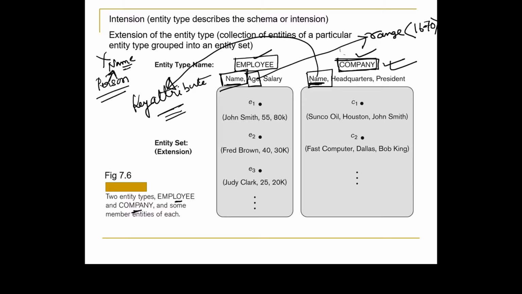Similarly, we can specify the value set for the name attribute to be the set of strings of alphabetic characters separated by blank characters and so on.